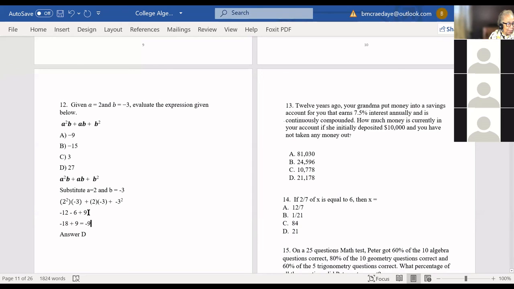So that's a plus 9. So you add your negatives, minus 12, minus 6, minus 18, plus 9 gives you a minus 9. So your answer then would be A. Latoya, Chastity, you saw where you made your mistake? Yeah. Okay, it's good as long as you saw where you made your mistake.